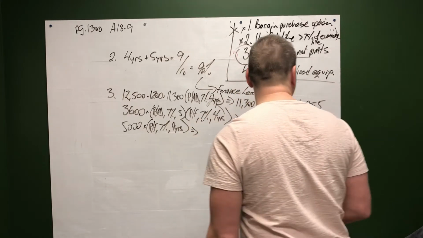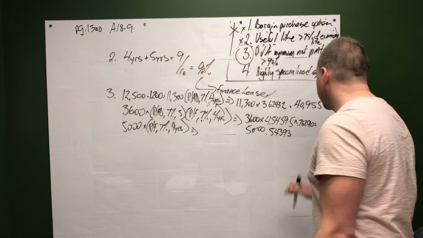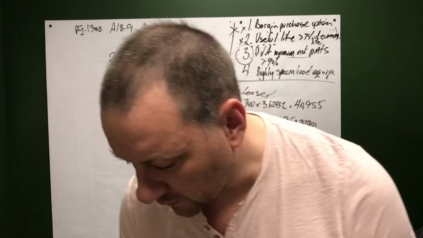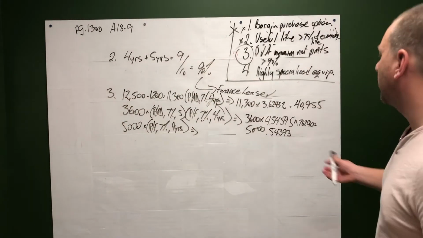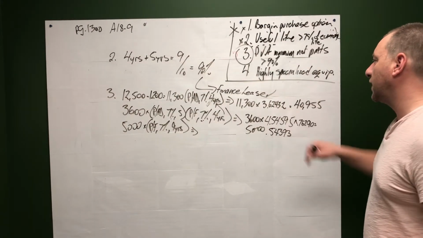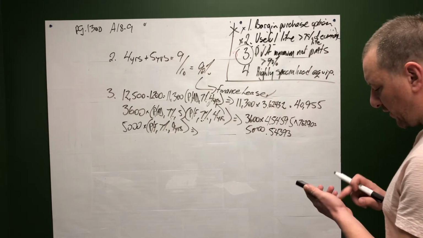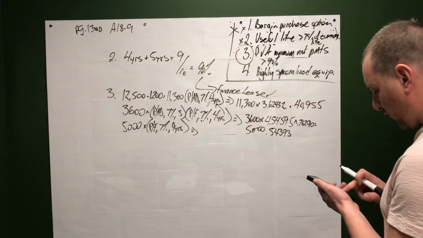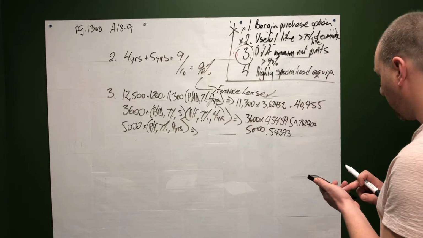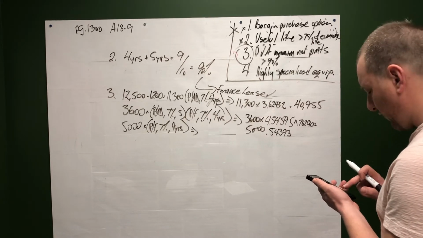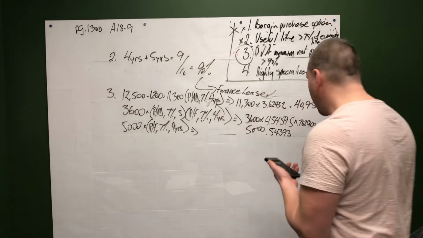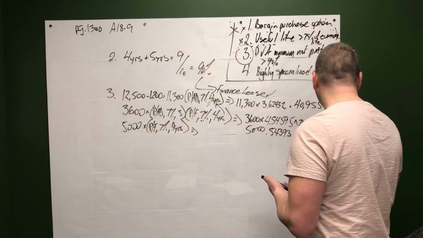Now, let's get an answer. Just going to multiply these up. We've already got the first term's present value. Now we'll get the second lease term. 3,600 times 4.54595 is 16,365.